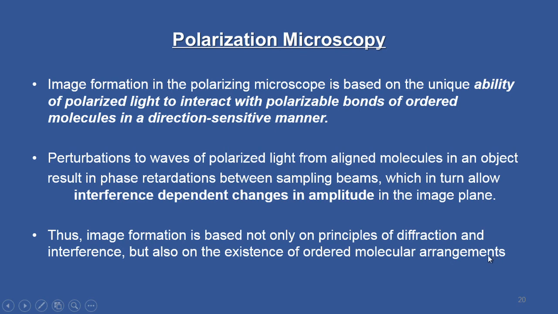Polarization microscopy is another classical case of interference microscopy. If you look at the applications, it is primarily for transparent samples, and it gives very accurate quantitative results of the optical properties of microstructural constituents in much more detail compared to any other variant of microscopy.